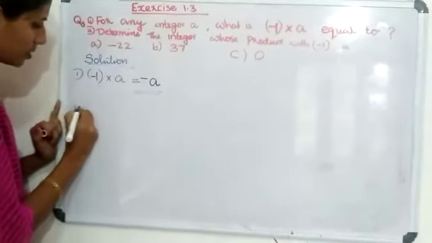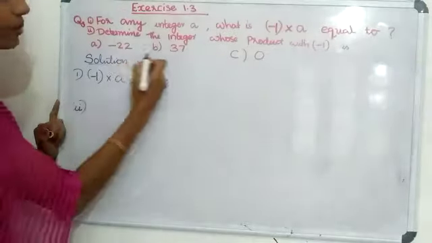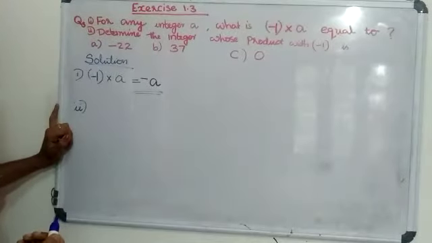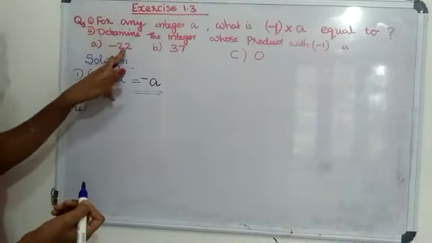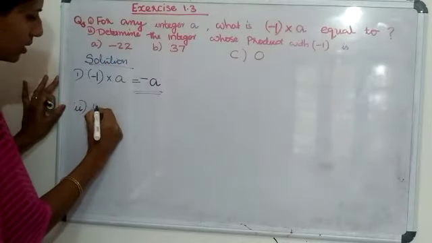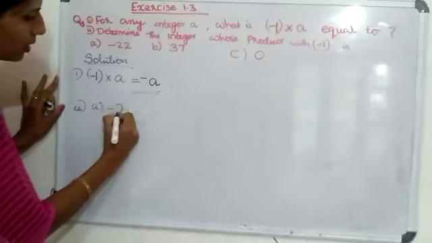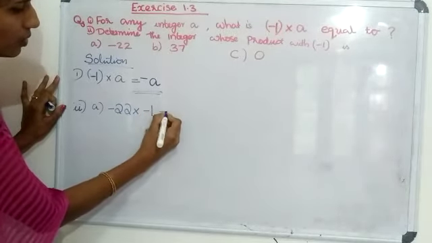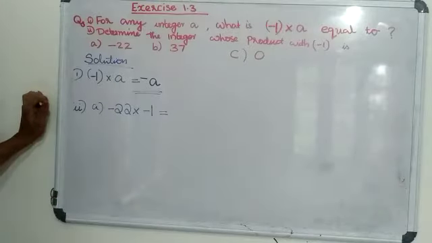Then the second solution. Determine the integer whose product with minus 1 is given. So we need to multiply this number with minus 1. In part a, minus 22 into minus 1. What is negative into negative?